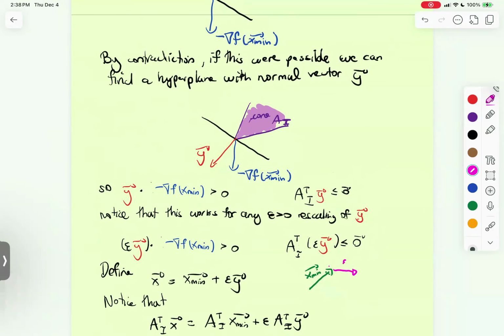This is epsilon y, then this is what I'm calling x. x is the sum of those two vectors. What I'm going to say is that once epsilon becomes small enough, x is going to be in the convex set. And that would give me the contradiction, which will become clear in a moment. Okay, so I want to prove x is in the convex set.